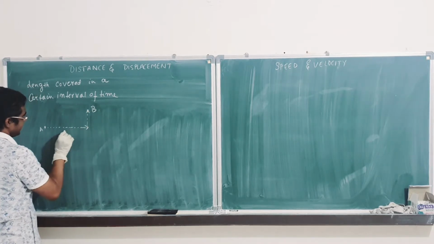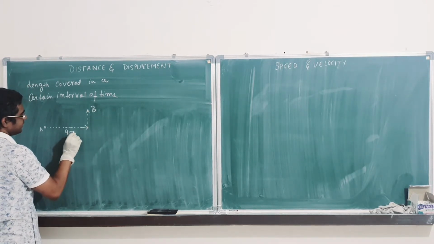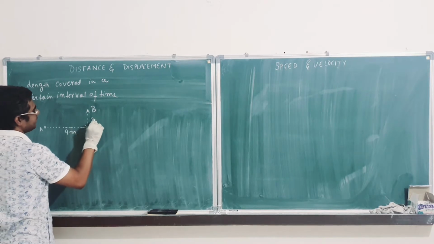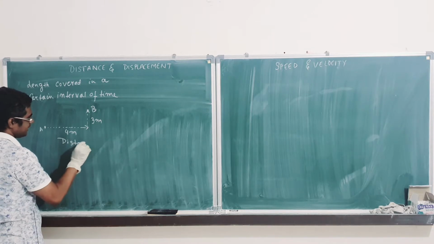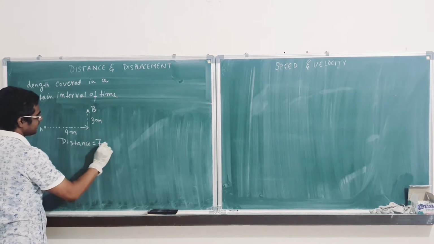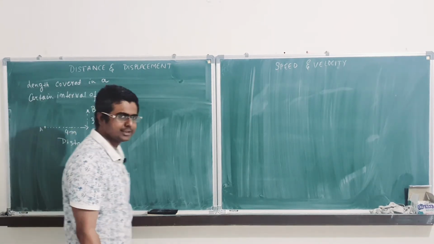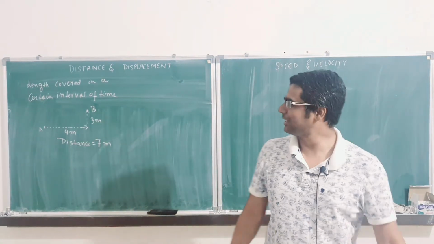So here I have traversed 4 meter and here I have traversed 3 meter. So distance will be 7 meter. 4 plus 3. Clear guys? Absolutely clear? ठीक है.